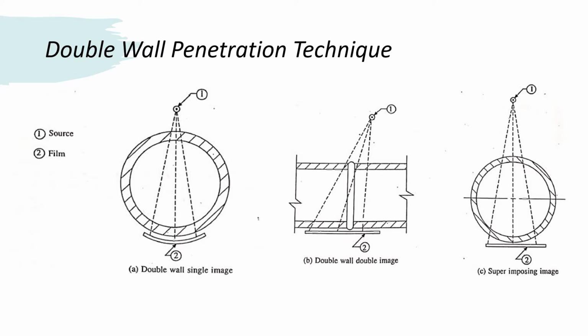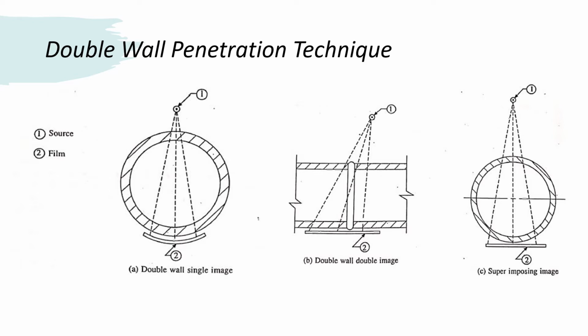Next is double wall double image. This technique is specially suited for smaller diameter pipes up to 90 mm outer diameter. The radiation source is kept at a distance with an offset from the axis of the weld to avoid superimposing of the source side weld over the film side weld, and to obtain an elliptical image on the film.